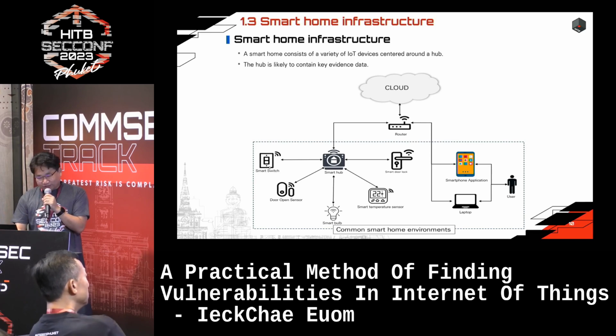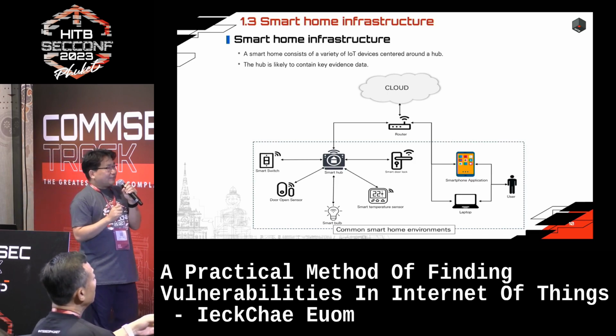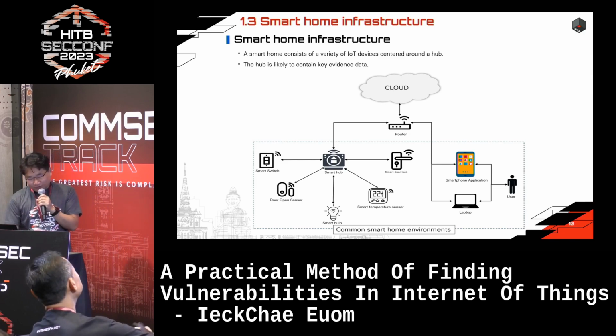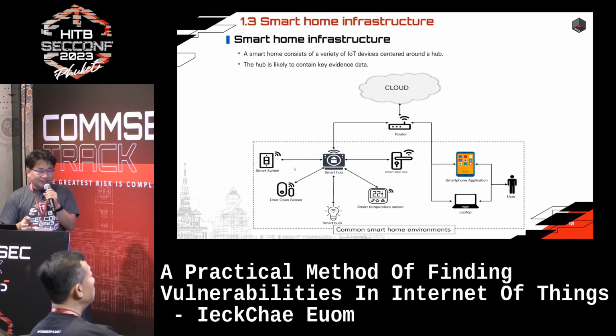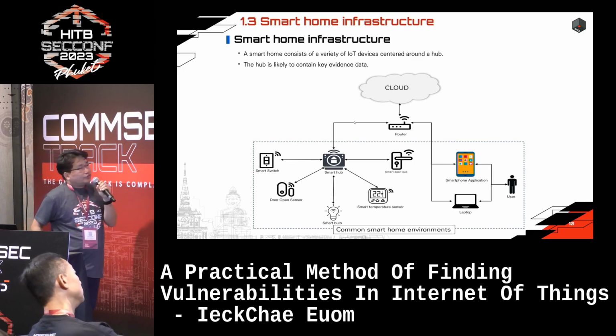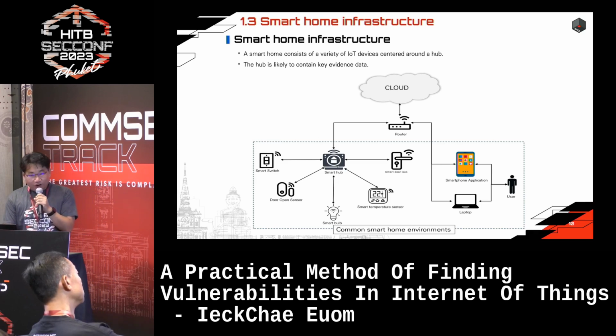And as you know, the sensor is a very lightweight device, so it cannot store huge data. So our next question is that maybe the smart hub is collecting the data between the sensors and the cloud. Our research concern is mainly about how we collect the smart home data.